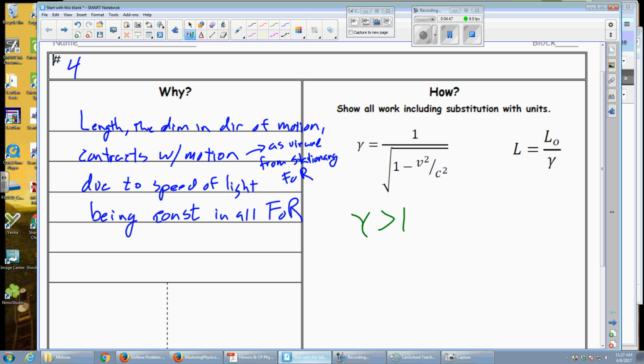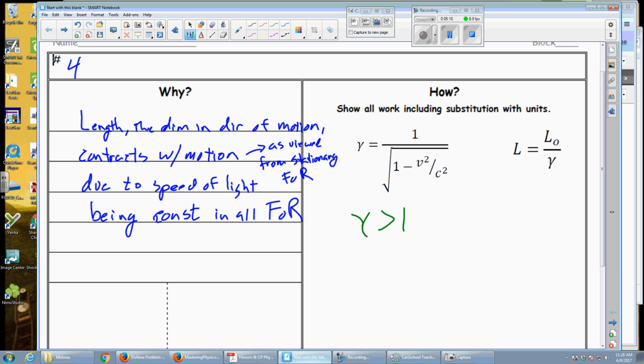What would it equal if we were at the speed of light? It would be 1 divided by 0, undefined. It can't exist. What if you're not moving?